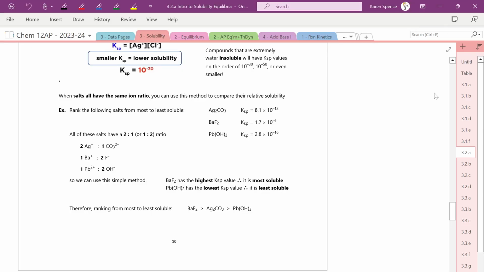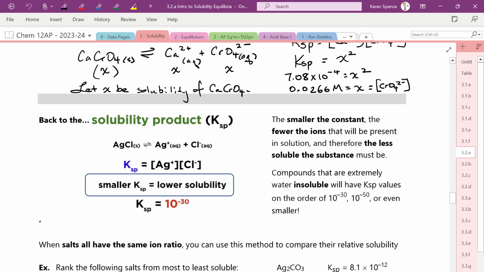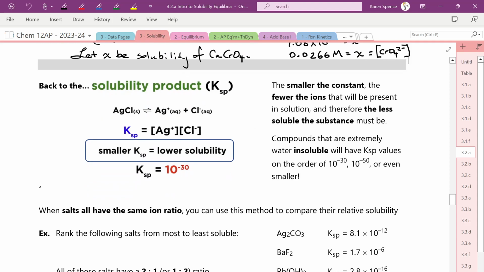Okay, we are on page 30. Get your book out, turn to page 30. Anyone need a book?